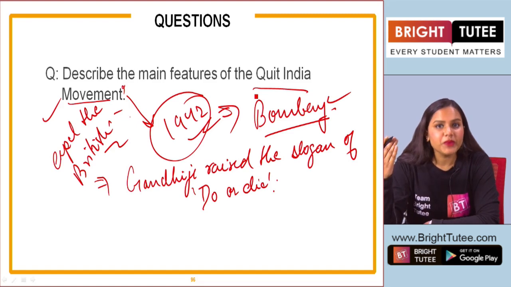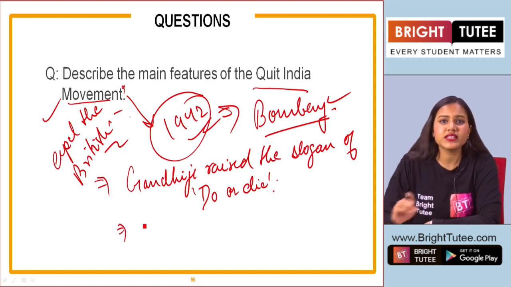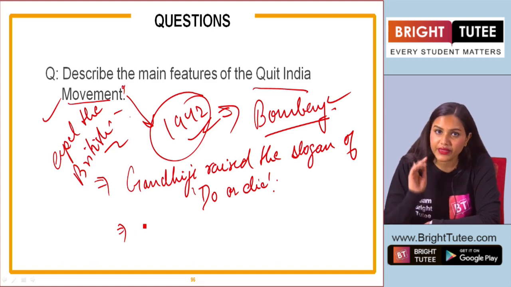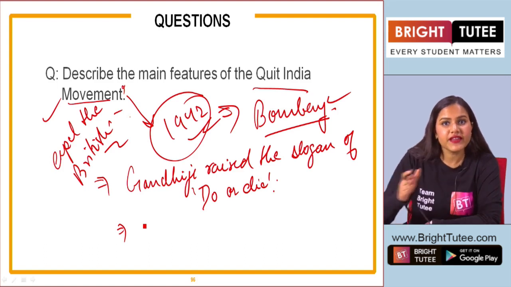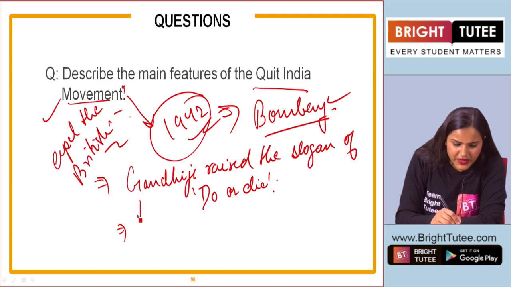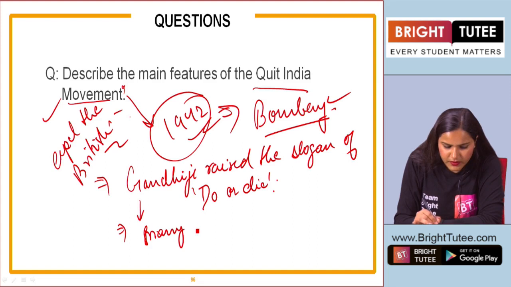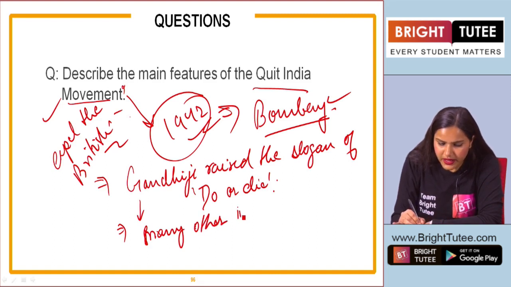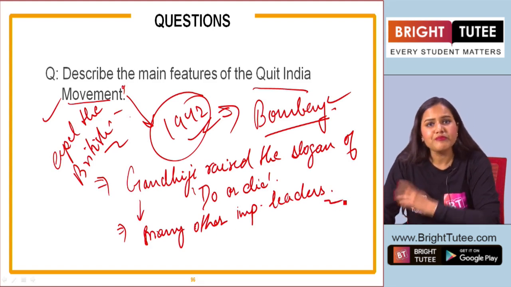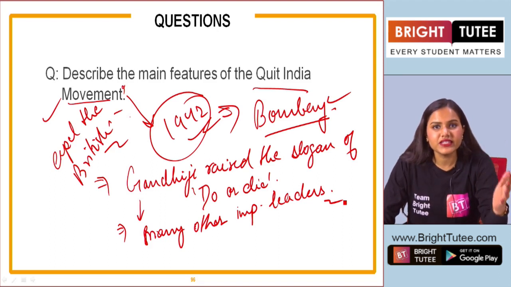Now, what are some of the main features here? We see that thousands and thousands of workers, followers and top political leaders participated in the movement. And in this process, when the movement started, Gandhiji along with many other important leaders such as Jawaharlal Nehru and Sardar Patel were arrested and kept in jail.